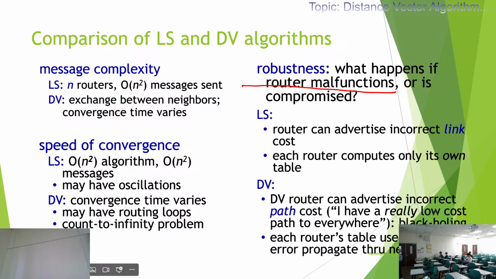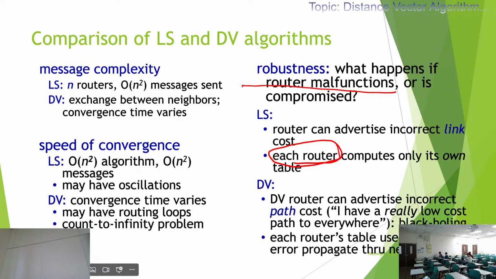Wrong information will give an incorrect link cost, and the wrong link cost affects only that node. Because with link state each node computes its own information, it won't propagate, even though we know the entire topology of the network.